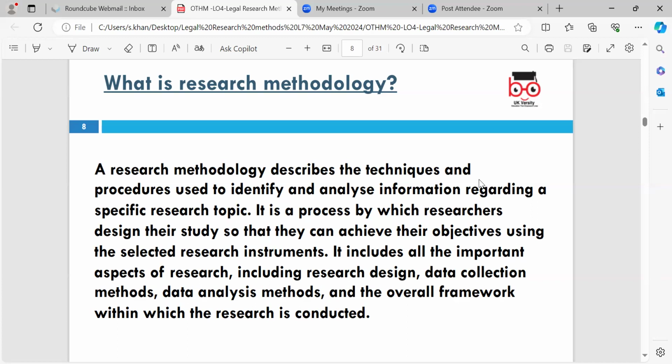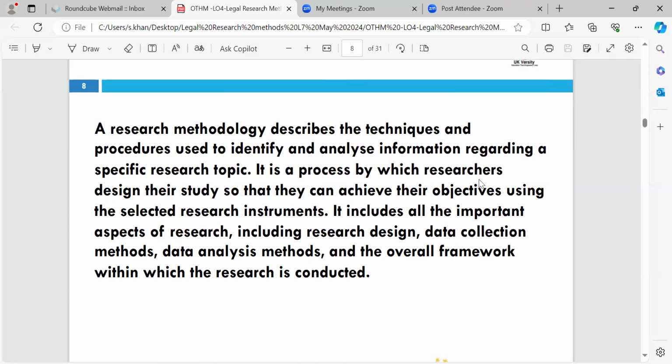Experimental research, experiments and tests. Conceptual research, which we looked at in Learning Outcome 1, which looks at theories to understand phenomena. Comparative research, different elements, which we looked at in Learning Outcomes 1 and 2, and analytical research based on analysis of data. So it's really important that you identify what data and what analysis methodology you're using for your research project.